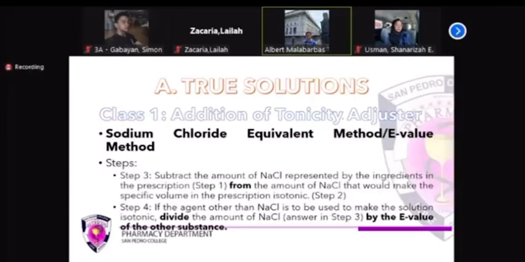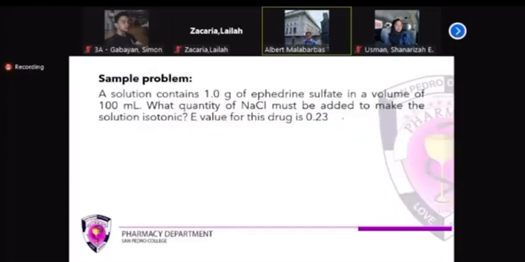So pero para mas maintindihan nyo good, I'll give you an example. So the sample problem here is that a solution contains 1 gram of ephedrine sulfate in a volume of 100 ml. What quantity of sodium chloride must be added to make the solution isotonic?